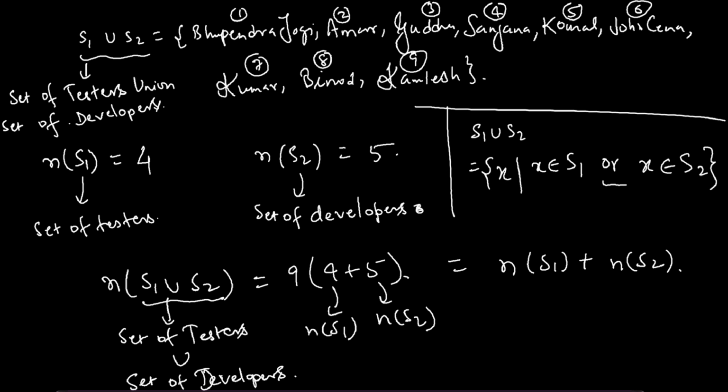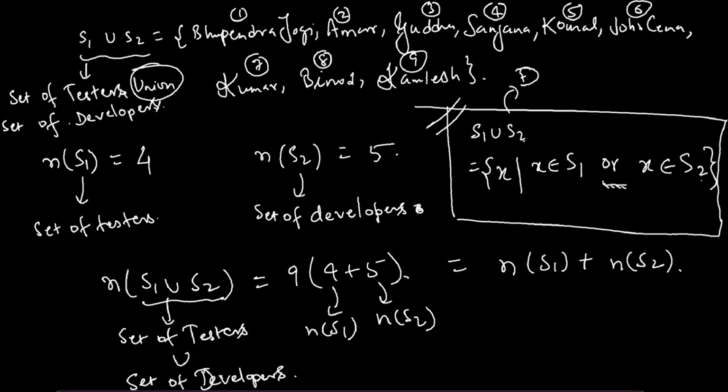Here 'or' is important, that's why I removed the 'and'. If x belongs to S1, it has to be a part of S1 union S2. If x belongs to S2 also, it has to be part of S1 union S2. This is the formal definition of union of two sets.